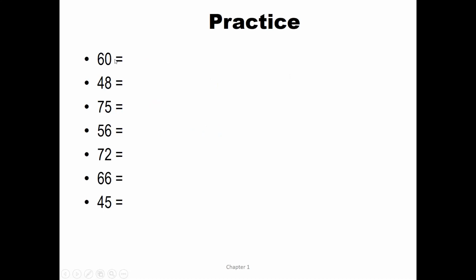Okay. So we can do some practice. 60. 60 divided by 2 is 30. So we've got 60, we've got 30. 30 is divisible by 2 into 15. 15 is divisible by 3 with 5 left over, so it's 2 times 2 times 3 times 5. 48 we just saw. 75 ends in 5, therefore it's divisible by 5.